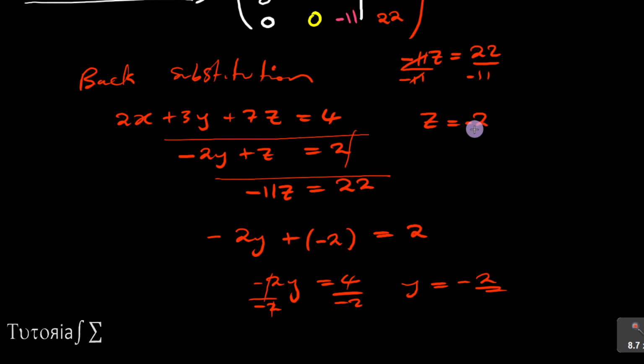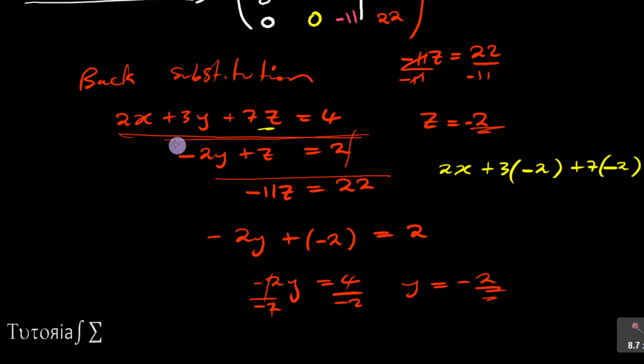Okay, we have our z, we have our y, so we can find our x using the first equation here. So we'll just say 2x plus 3, and our y is negative 2, plus 7, and our z is negative 2, equal to 4.